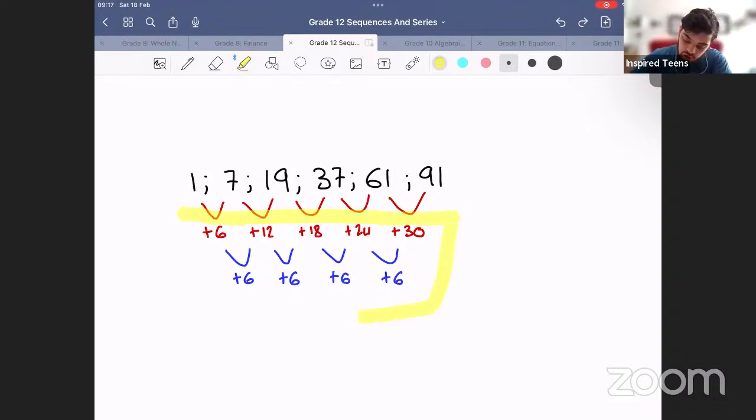What we need to note, okay, for what is called quadratic, is that the first differences actually form an arithmetic or linear pattern. Arithmetic linear is the same thing. First differences form an arithmetic pattern.